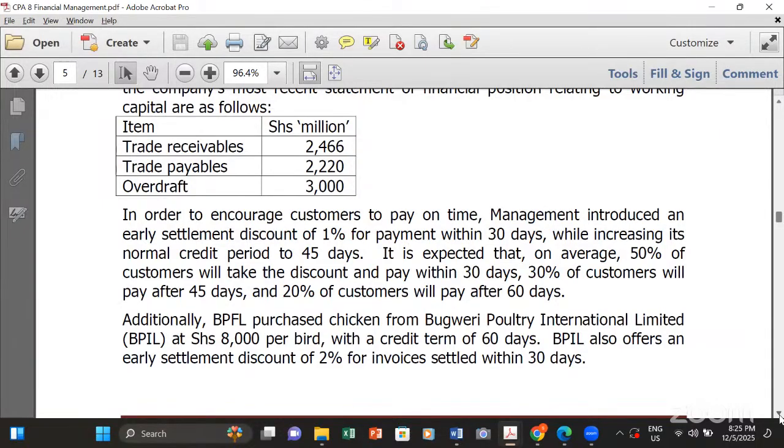Additionally, this company purchased chicken from Bugwe Poultry International Limited at 8,000 per bag, with a credit term of 60 days. Remember, we are analyzing both payables and what? Receivables. The company also offers an early settlement discount, this company of Bugwe, of 2% for invoices settled within 30 days.